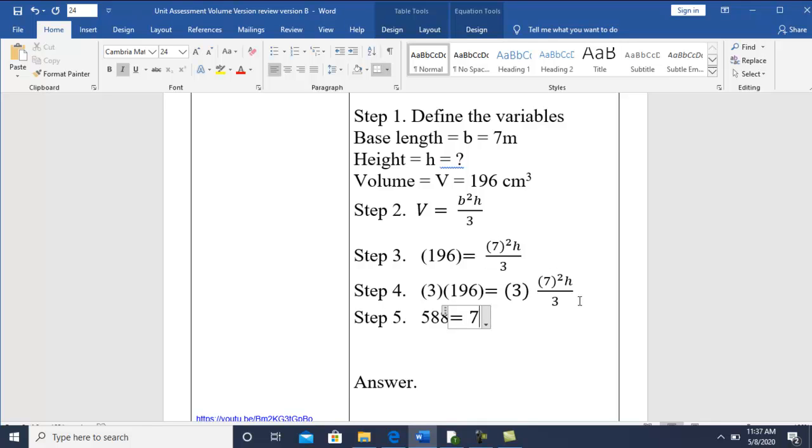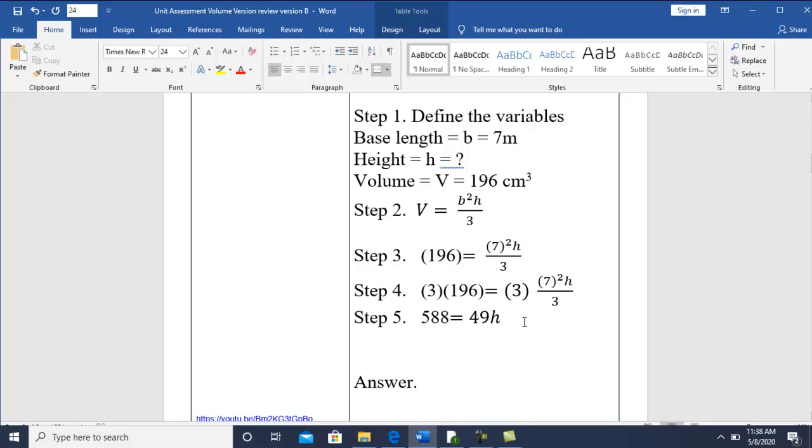So you're just going to have 7 squared, and 7 times 7 is 49. 7 to the second power is 49, just so you know where I got that from.